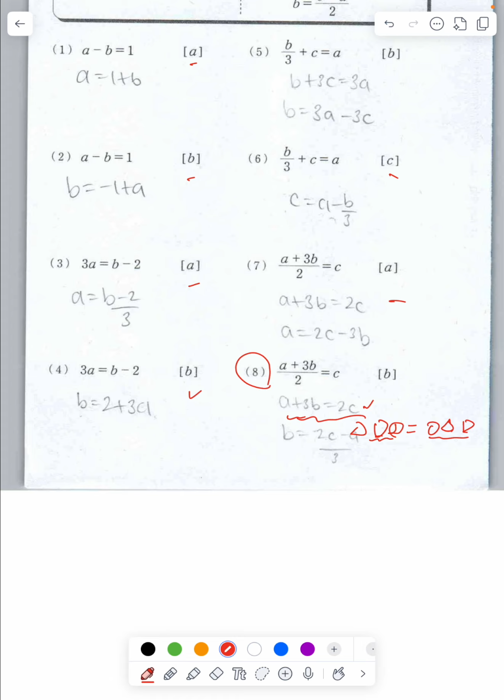The notion of isolate is that I want to separate it from all the other noise, which means I need to move the other terms to the right side. My target is going to be b. If I want to solve for b, I need to just keep the 3b there, nothing else.